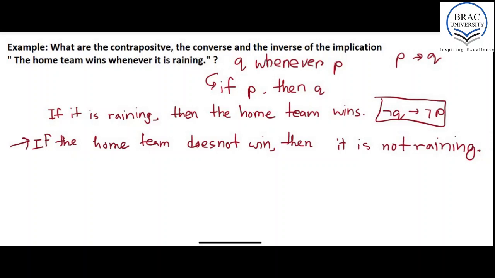Now we want to write the converse. The converse is Q implies P. So we can write: if the home team wins, then it is raining.